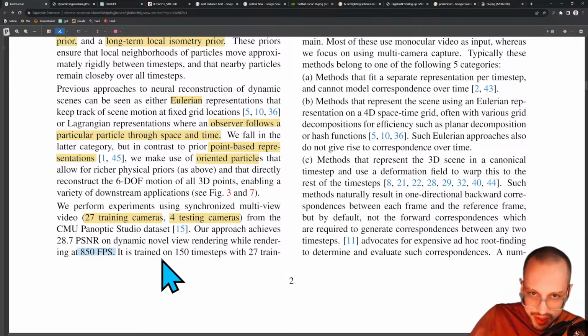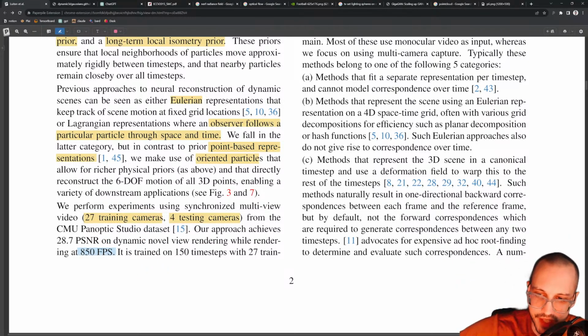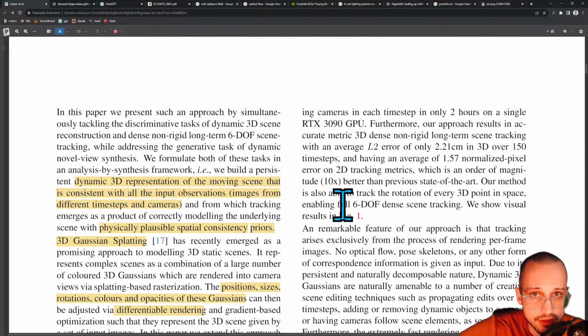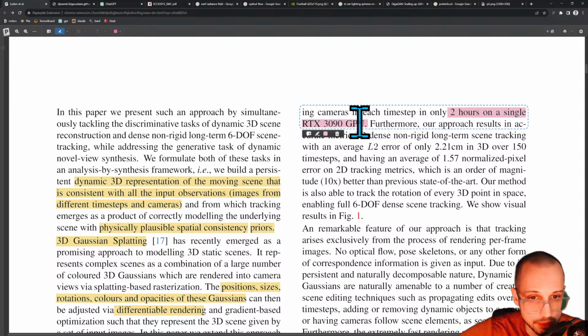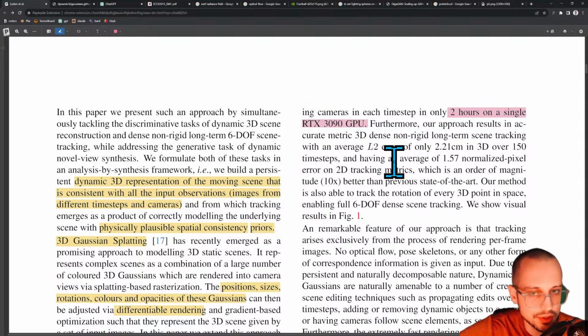So we're already beyond the frame rate that is going to matter for humans. Trained on 150 time steps with 27 training cameras, each time step is only 2 hours on a single RTX 4090. So that's pretty good. This is a GPU that I actually have on this computer, so good to know that I can do this at home.